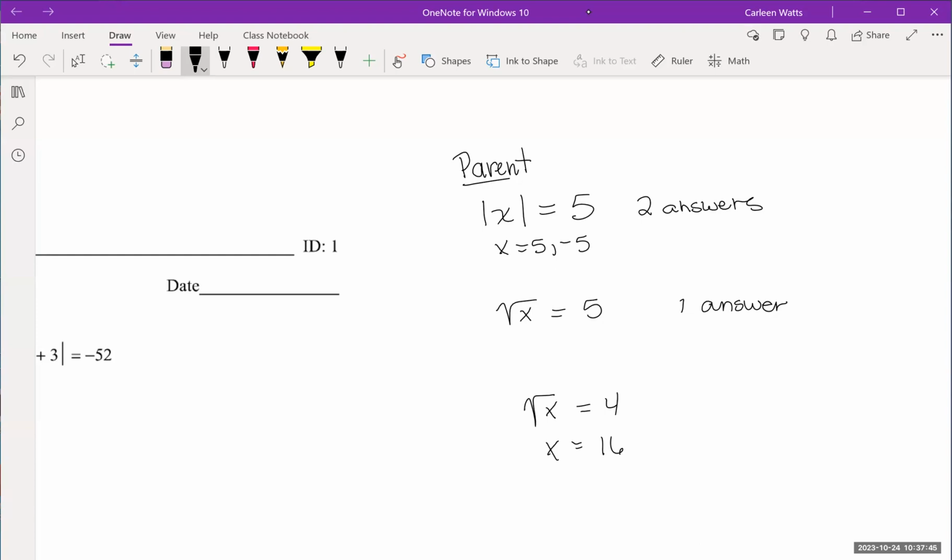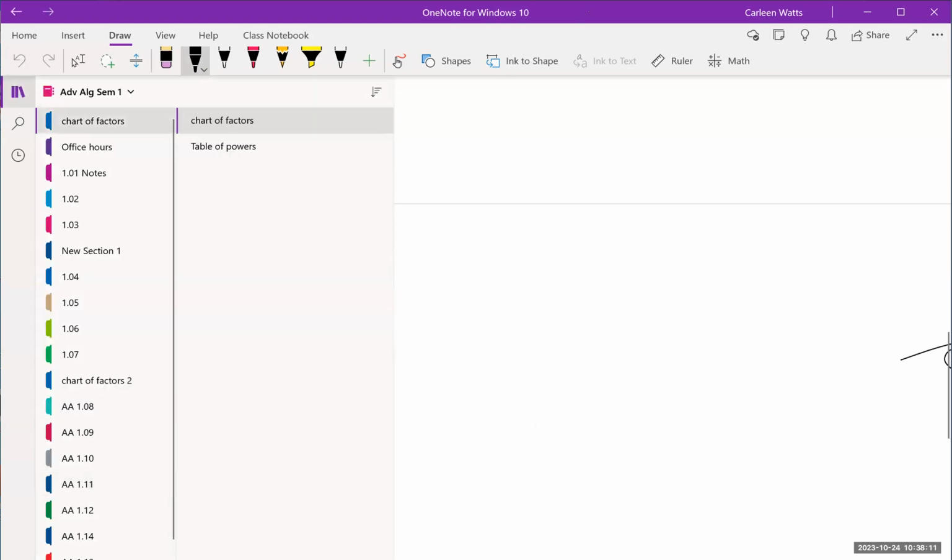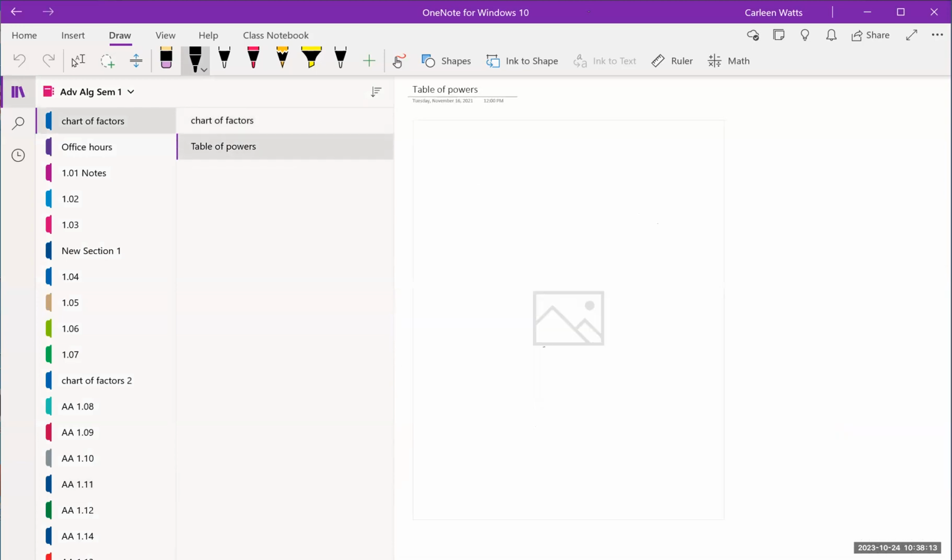Does that make sense? Okay, so now let's do this one. The square root of what number equals 5? And it is not a decimal. So Zoomers, can you type in the square root of what number equals 5? Let's see, chart of factors, table of powers.